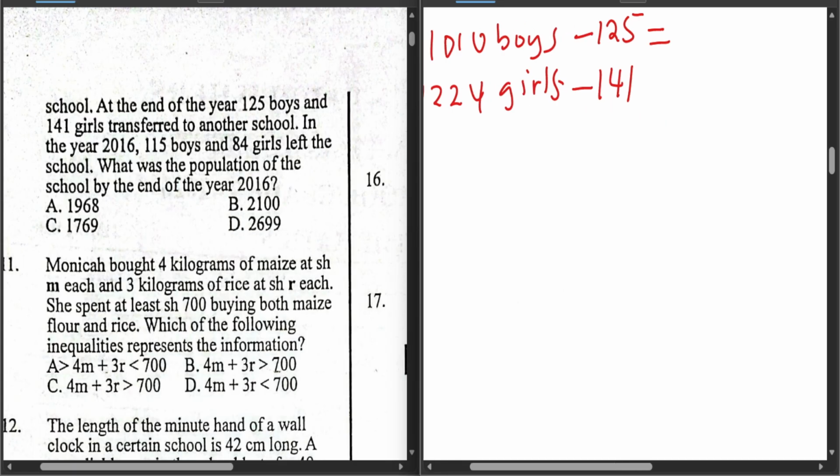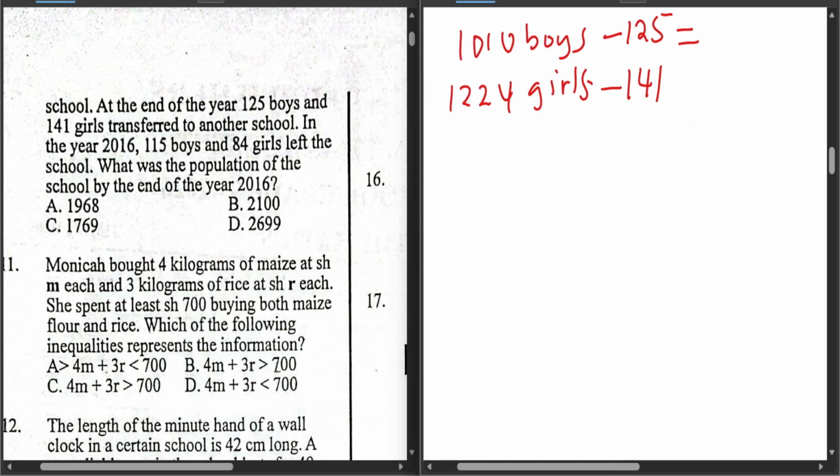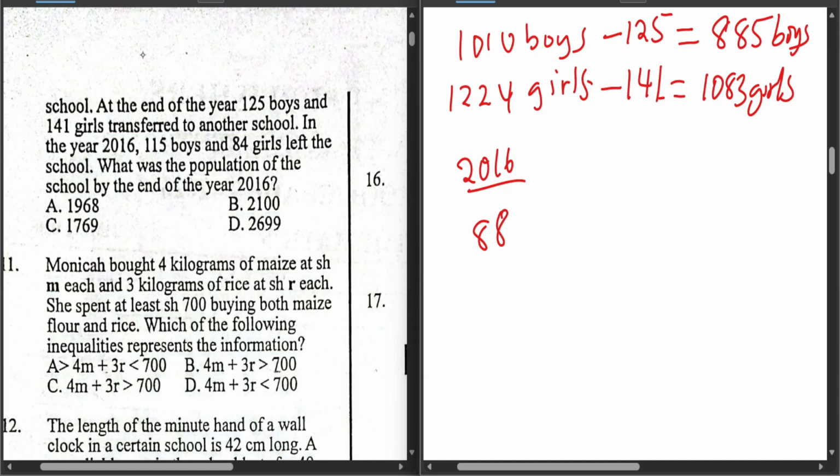So if you take 1010 minus 125 who transferred, how many will remain? So 885 boys will remain. And 1224 minus 141 leaves 1083 girls. So in the year 2016, there were 885 boys and 1083 girls.